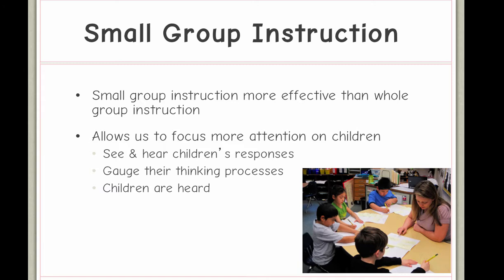A couple of weeks ago, we talked about co-teaching models that involve small group instruction. You may recall some of the Marilyn Friend models of co-teaching that involve small group is station teaching. So instead of the students in a whole group, they are rotating to different areas of the room. That's in small groups.